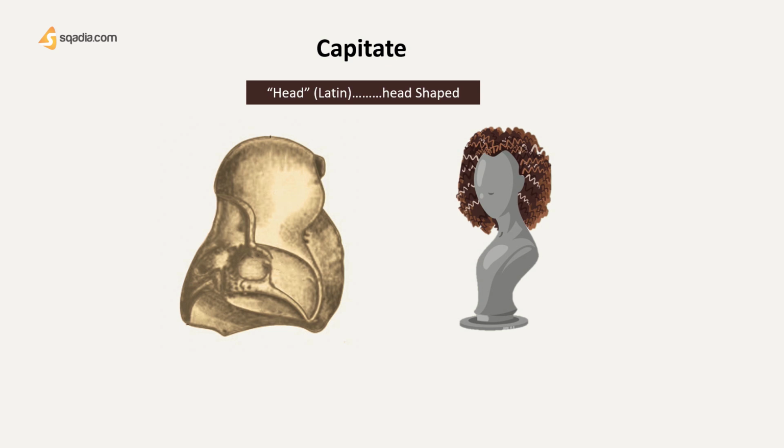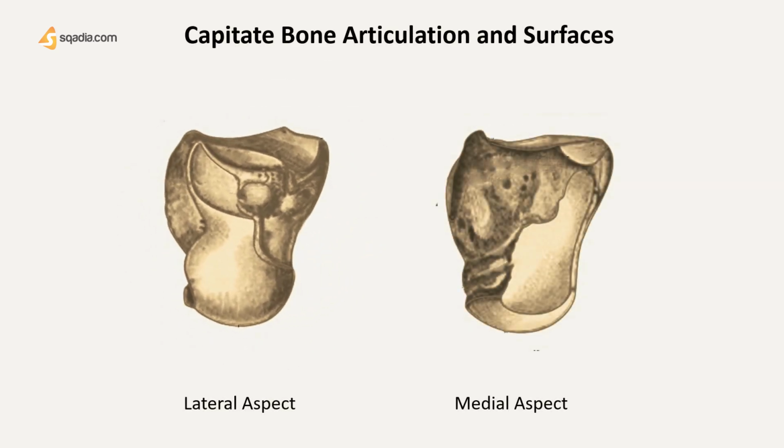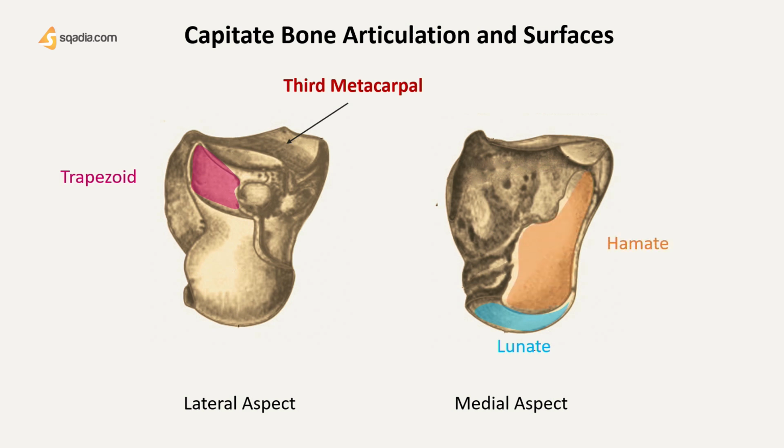Now if we look at its articulation, it joins with 5 bones. It is encircled by the lunate bone in the proximal position, the third metacarpal bone found distally, the trapezoid bone present laterally, and the hamate bone on the medial side. In the end, the capitate articulates at the upper medial aspect with the fourth metacarpal bone.